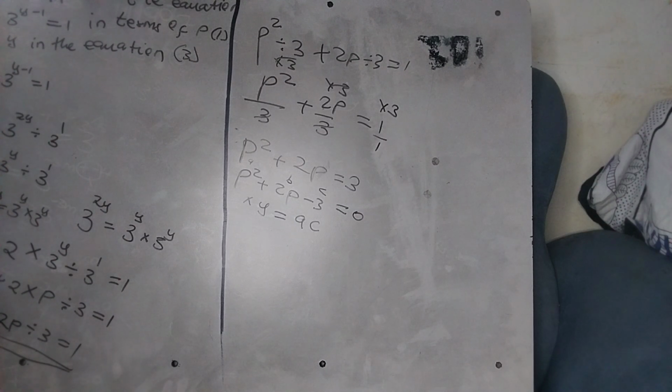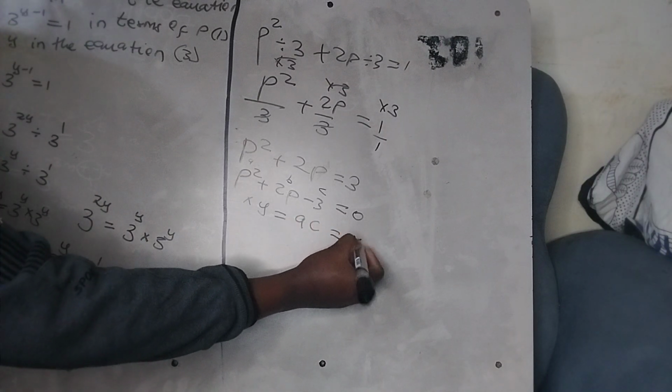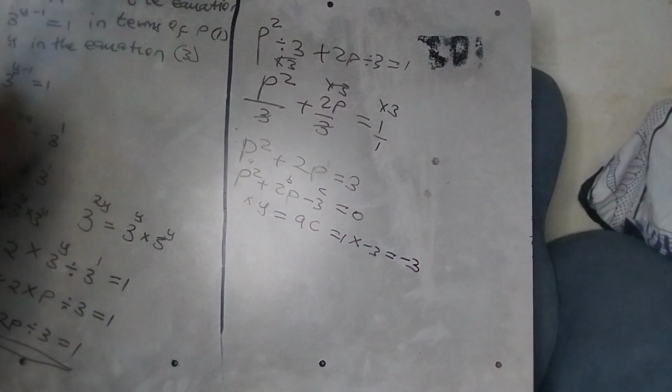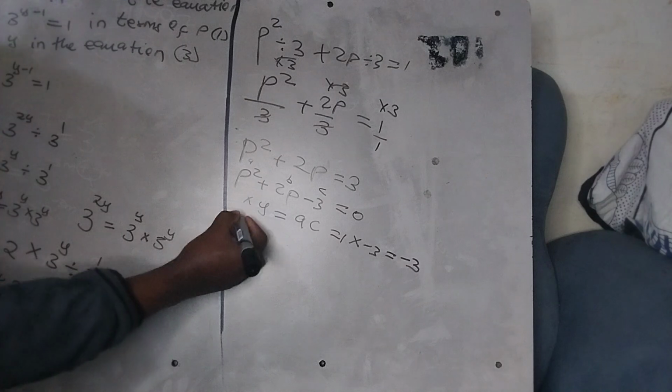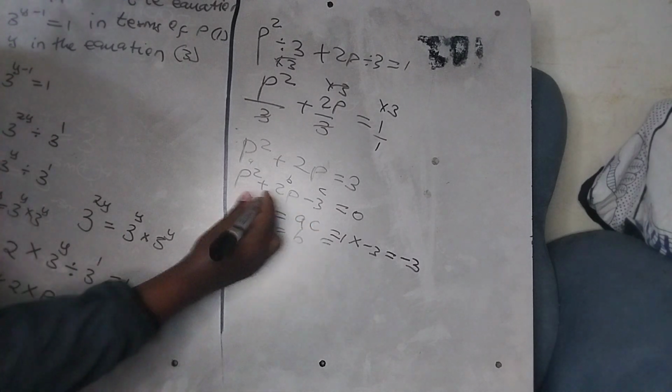We want our two numbers, when we multiply them, to give what we get after multiplying part A and part C, not just the unknowns, the numbers. What is the number before P squared? It is simply 1. The number on C is negative 3. So I want two numbers, when I multiply, I get negative 3. And again, the two numbers, when I add them, I get part B, which is positive 2.